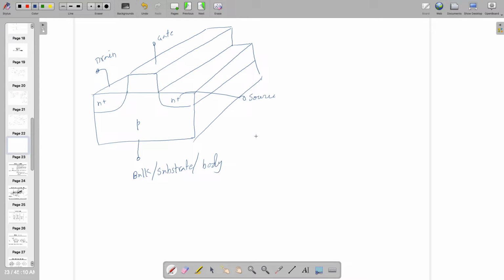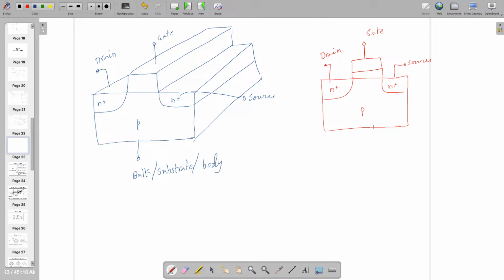So there are 4 terminals, but if you look at the top view or the elevated view, it looks like this one. Generally, in most of the books you will not find the isometric view, but only the elevated view, which looks like this. So this is gate, this is source, and the other side is drain.